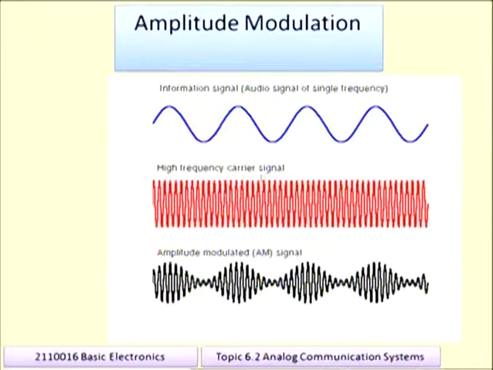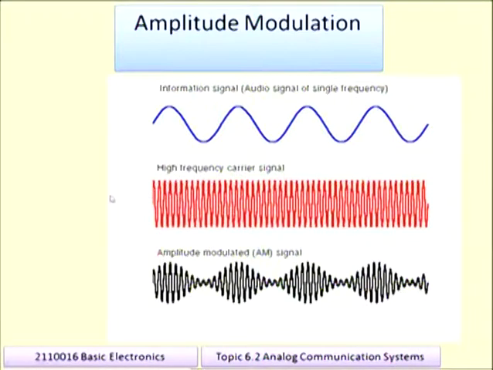Then this is one example of amplitude modulation. Let's say that this is a sinusoidal wave which we want to transmit using a high frequency carrier. Here we are assuming that the carrier has a very high frequency compared to the information signal frequency, and that is actually required. Why it is required, we will see later. But let's say this is the information signal we want to transmit with the help of this carrier, then this is the modulation.